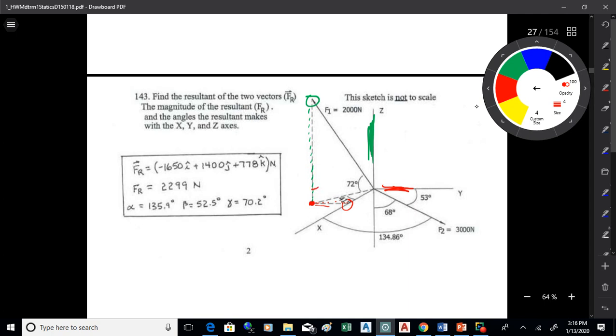So there's a 90-degree angle right there. So I can project F1 down into the xy plane. Once I've got it there, I can use that 41-degree angle, which is the angle between the projection that we just went over here in the xy plane and the x-axis. So the 41 is to the x-axis. And if you have a look at that, you'll see it connects the vector to the x-axis.